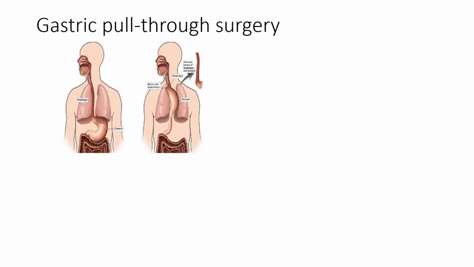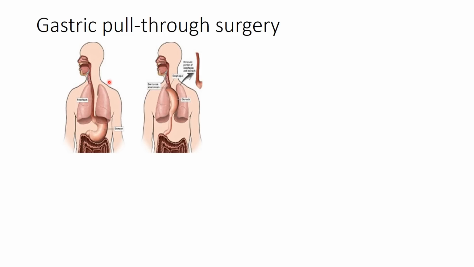Now, one other thing that I just wanted to point out, because you'll see it often through your career, is that sometimes the way that esophageal carcinomas are treated, usually with radiation first to shrink down the tumor and take care of any metastasis, but then they'll need to remove the esophagus.